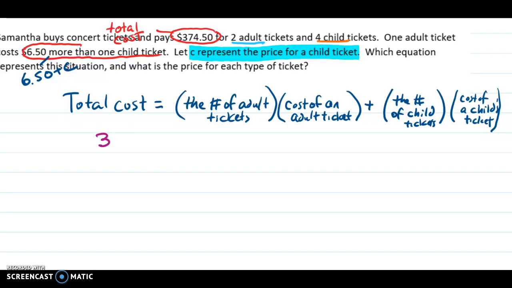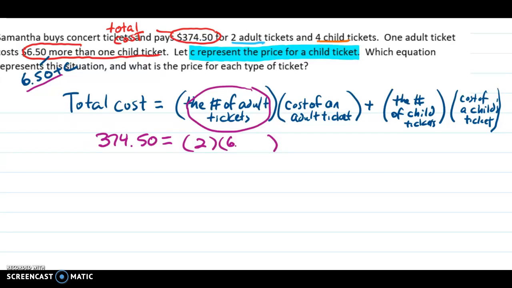The total cost is $374.50. Do we know how many adult tickets are sold? Yes, two of them. Do we know what the cost of an adult ticket is? Well, we don't know what it is in dollars and cents, but we have an expression. It's $6.50 plus C. We continue.